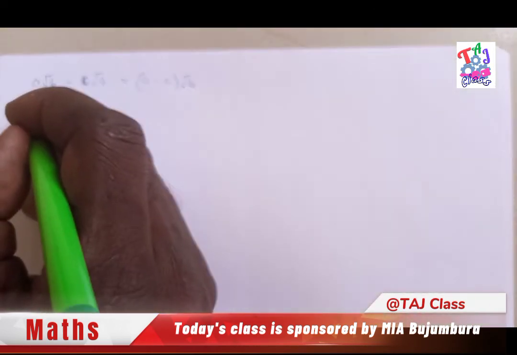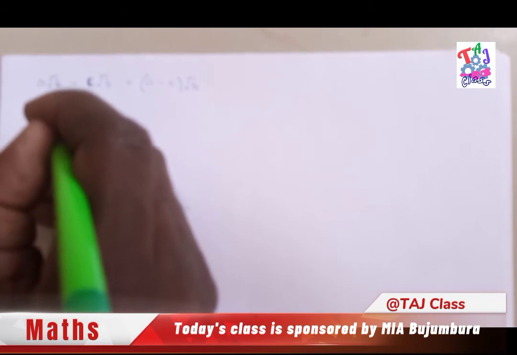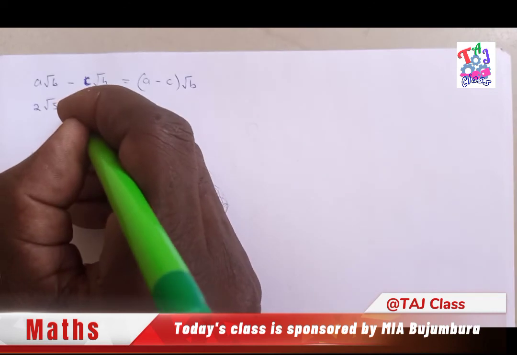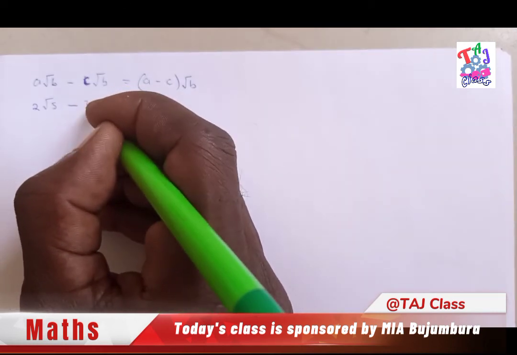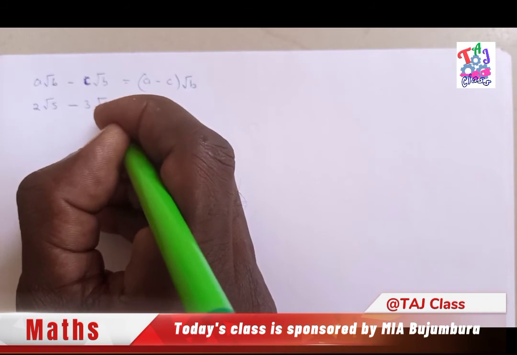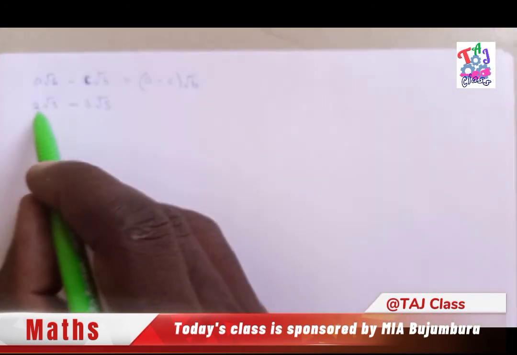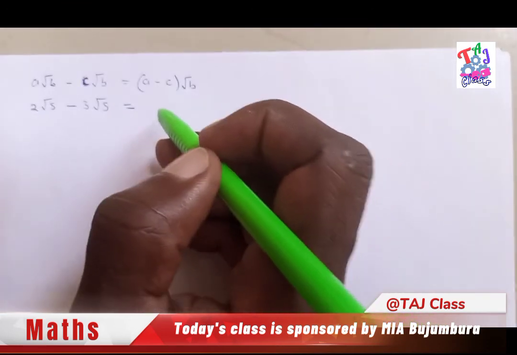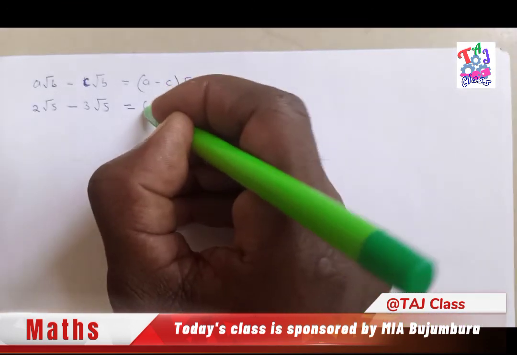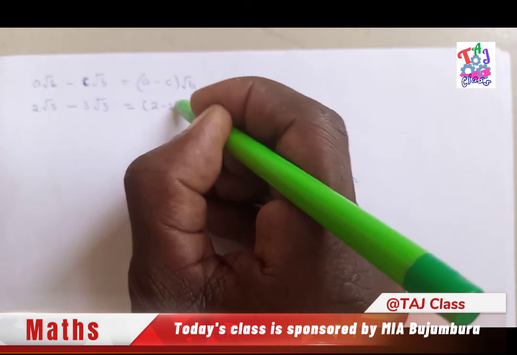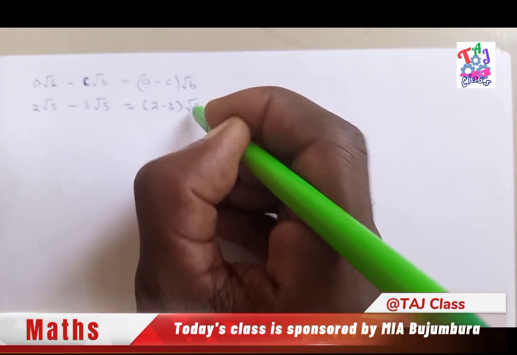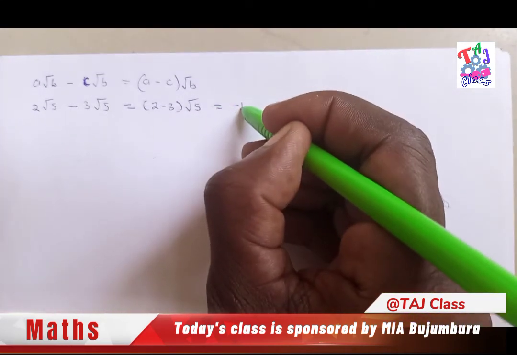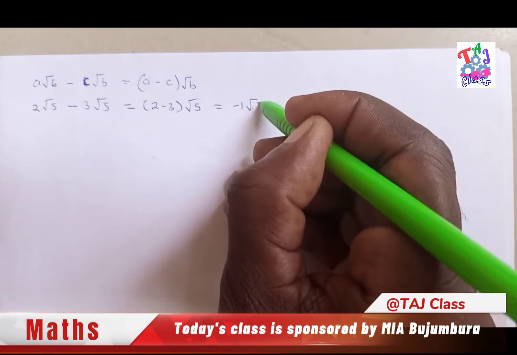That is to say, if we have 2√5 minus 3√5, as long as these terms are the same, we shall get 2 minus 3, then we put them under the root of 5, which will be the same as negative 1√5.